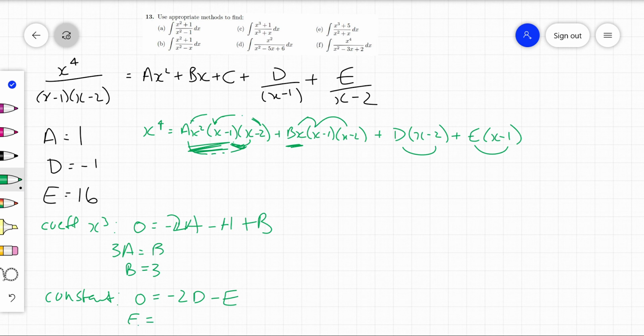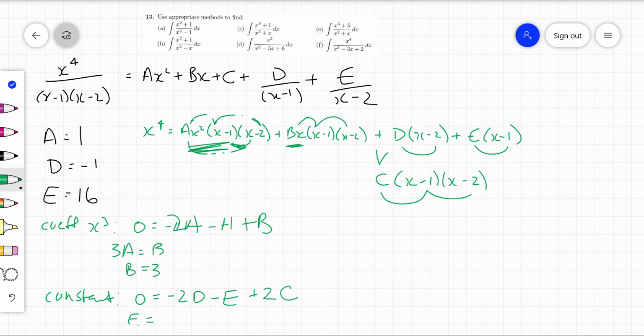Is that what I was looking for? No. What happened to my c? I lost my c. That's the problem. I lost my c. All right, so whoops, we better pop that in. I moved my c. C is x minus 1, x minus 2. So when I'm looking for a constant, I will also get c times -1 times -2, which is 2c. Whoops.